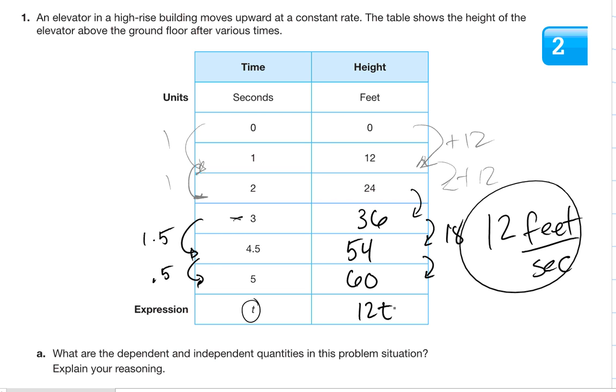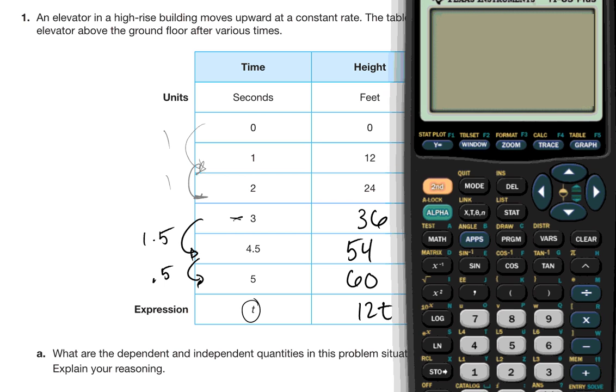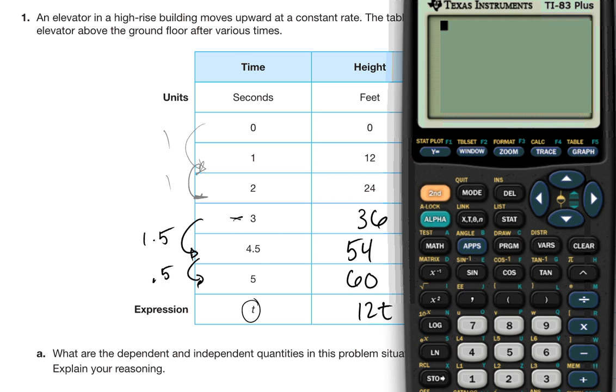Now, if I look at that, I can quickly verify all the numbers that I have here on my table, right? I'll bring the calculator over here. If I turn it on, for example, if I look at 2, when t is 2, 2 times 12 is indeed the 24.